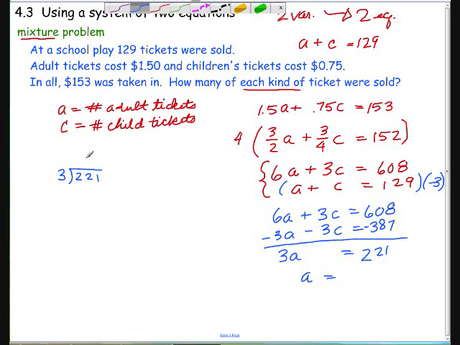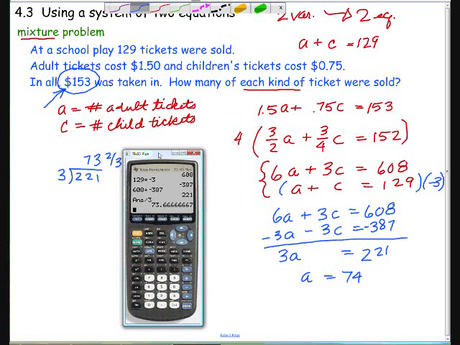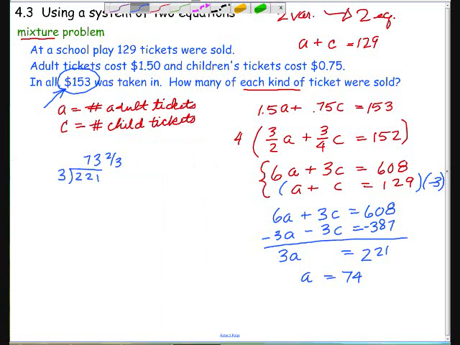All right, so this turns out to be 73 2/3 tickets. All right, I'll have to call it 74 tickets. Maybe when they counted up their results, they were off by $1 because, oh, well, we'll get back there in a moment.